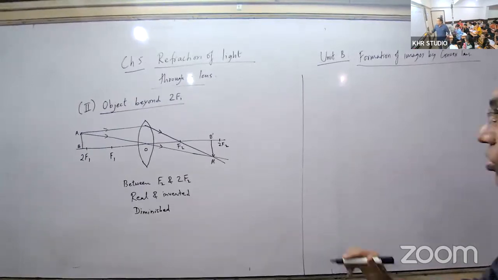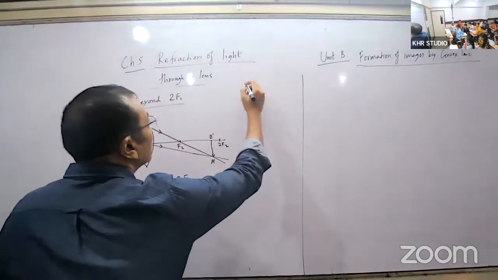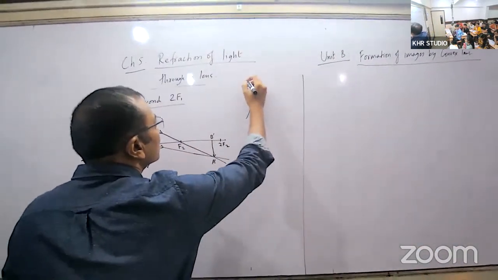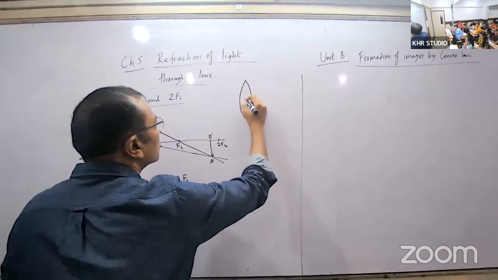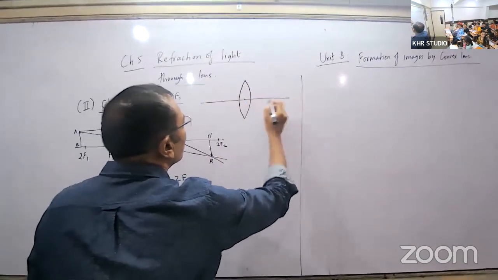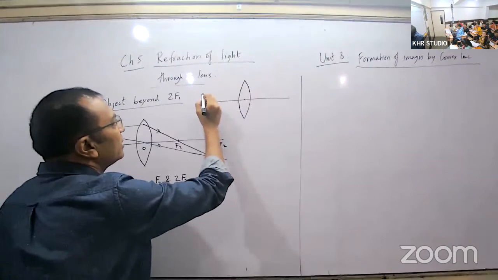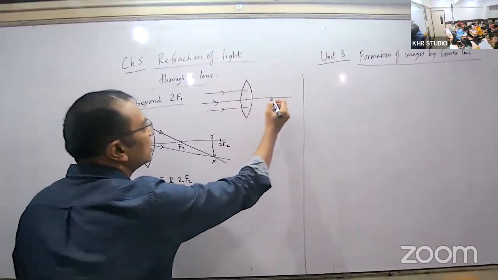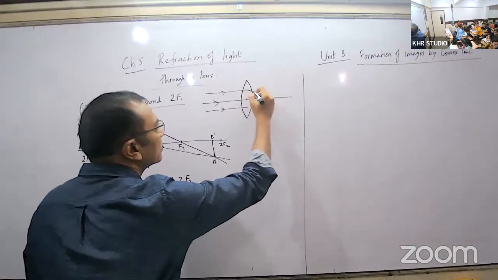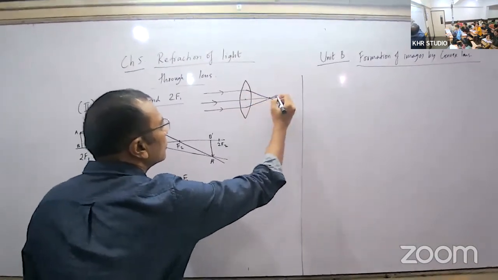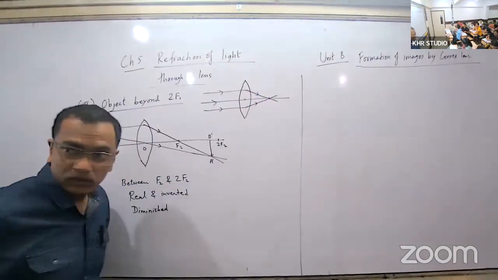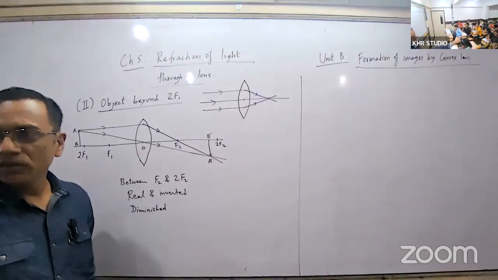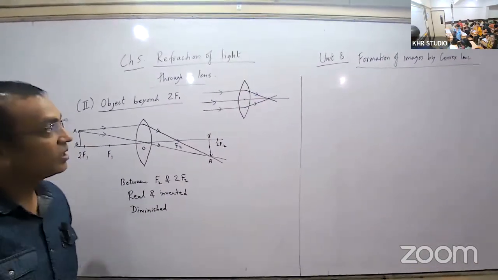So let us say you have a lens like this. When you have light which is parallel to the principal axis, it focuses at the focus, right? Pay attention.